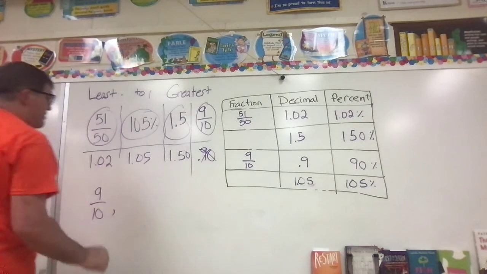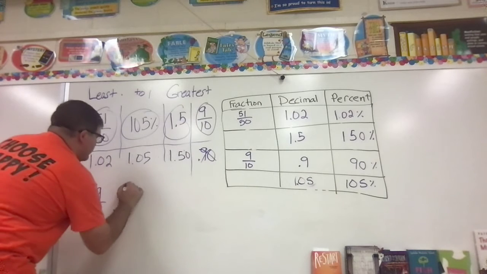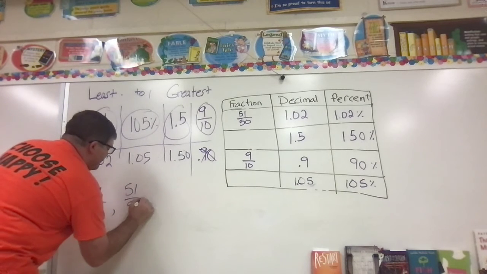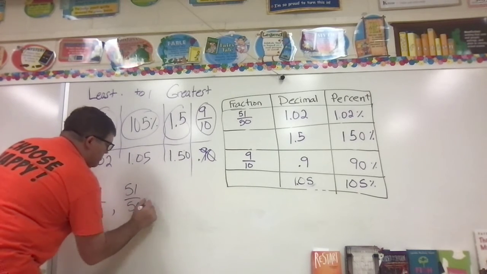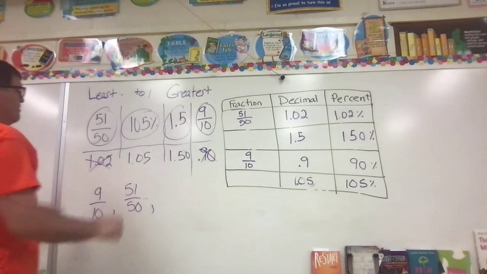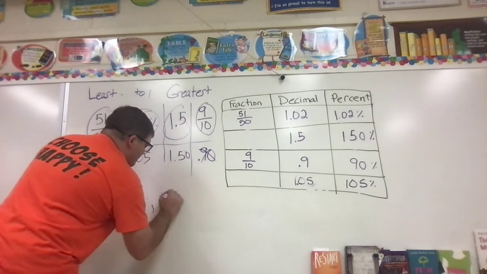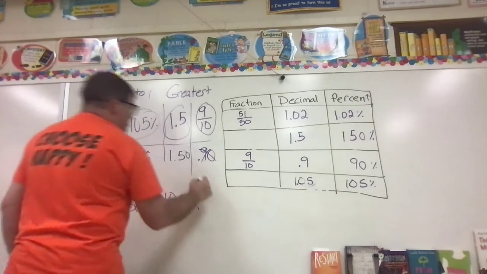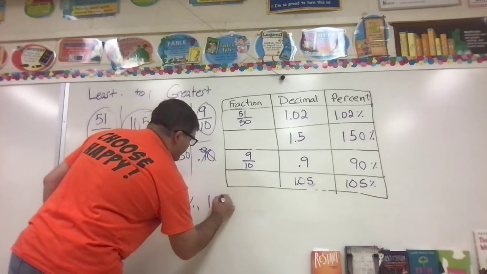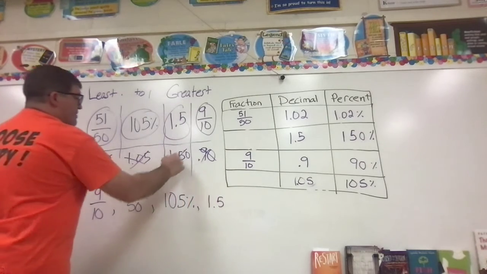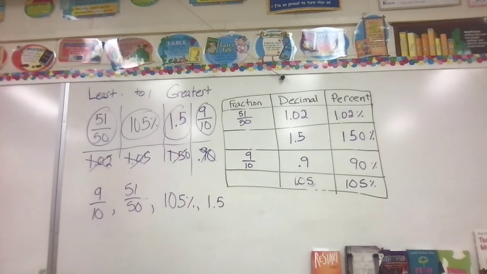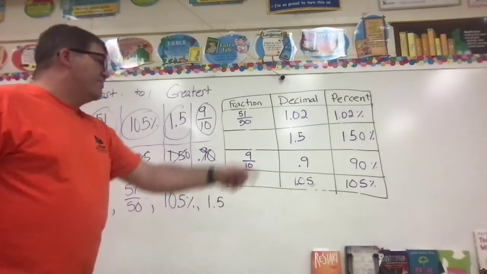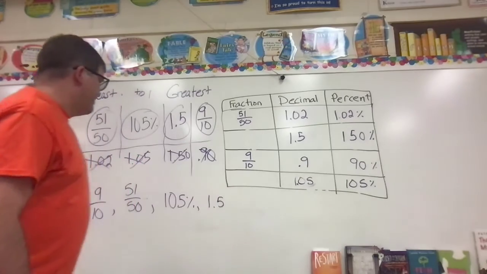And then I'm going to get a little bigger, $1.02, which is 51 over 50. Okay. Then a little bigger is this $1.05, 105%. And then this 1.5 is the biggest. And that's exactly the same as what I did when I was getting my percents.